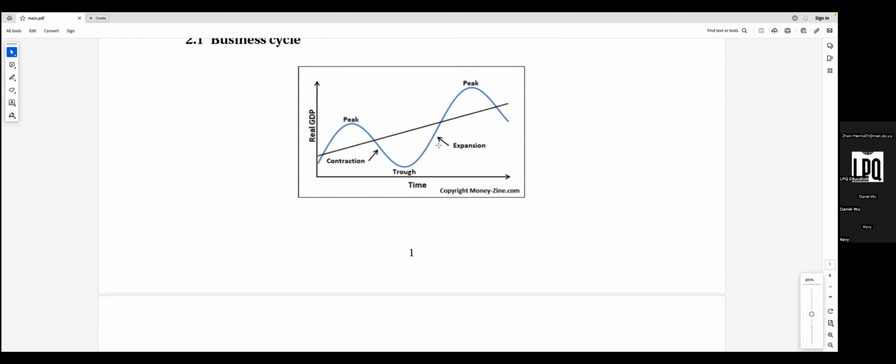Because if the fluctuations are too big, that means something called uncertainty. In the field of economics, as human beings, we don't like uncertainty. Instead of uncertainty, we prefer something called certainty.